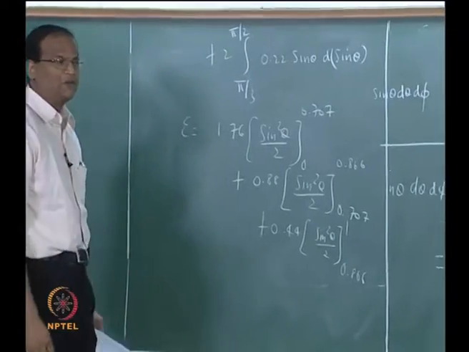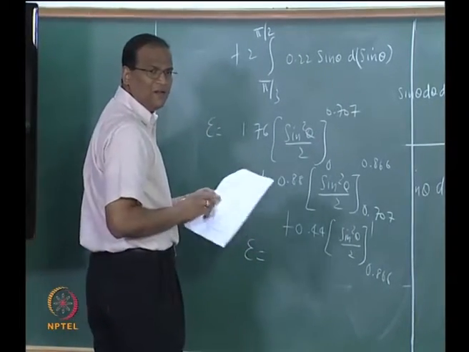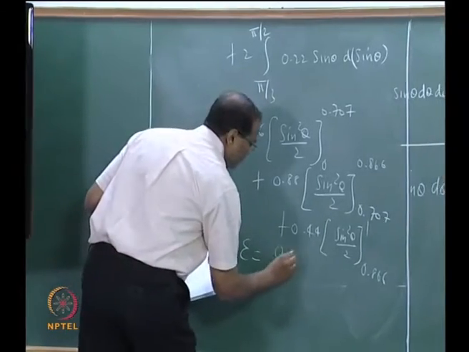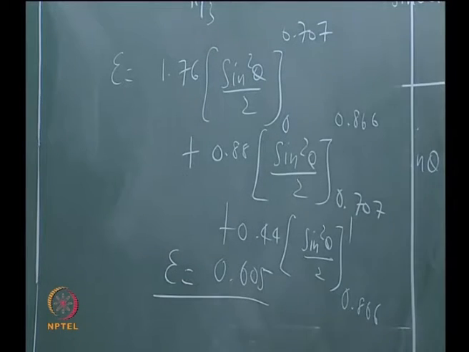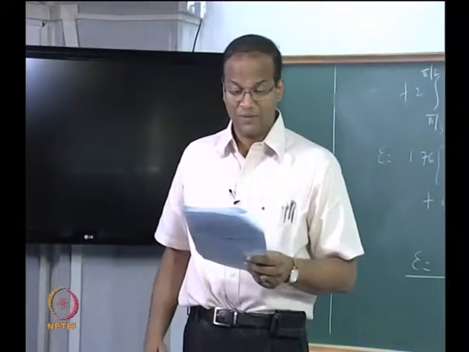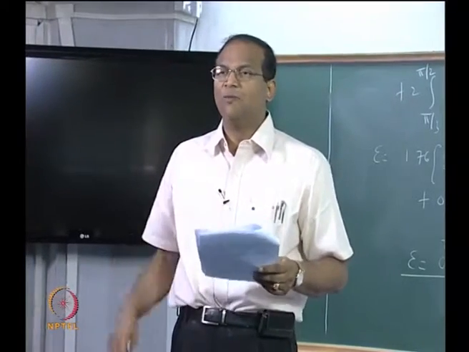Okay, so I have substituted for sin theta 0.605. So this is the total hemispherical emissivity. Now I asked you the ratio of the normal emissivity.